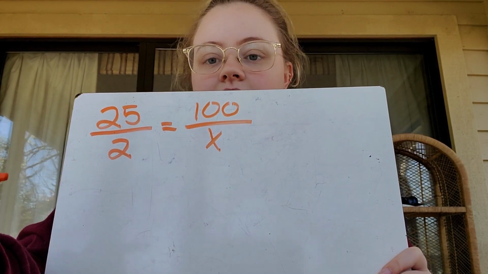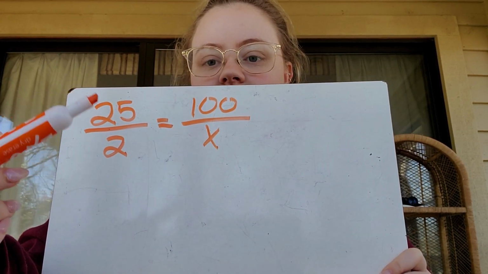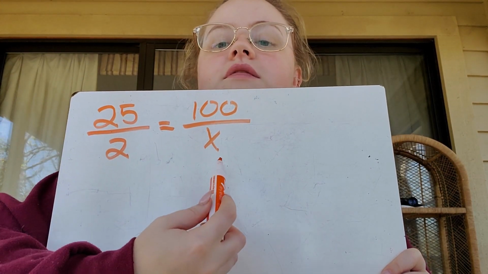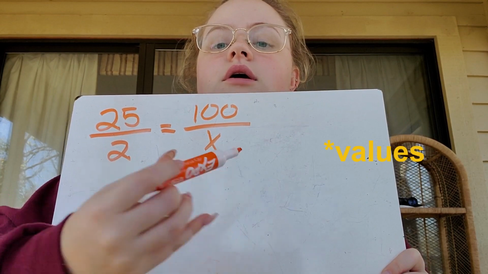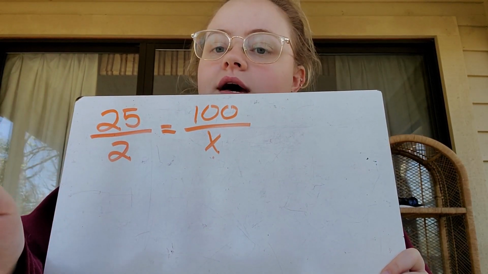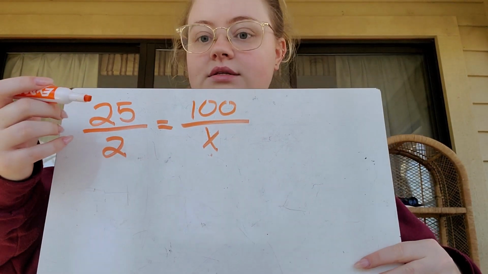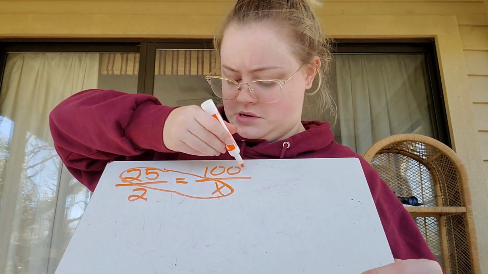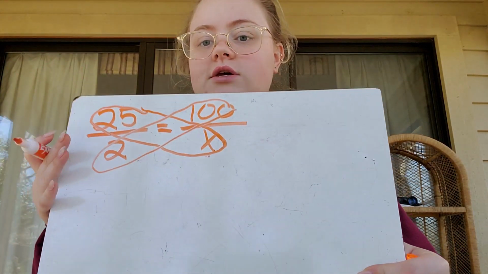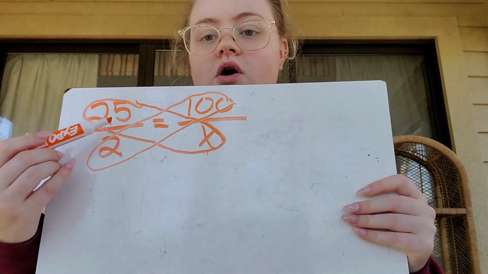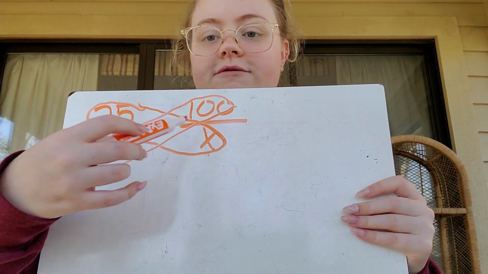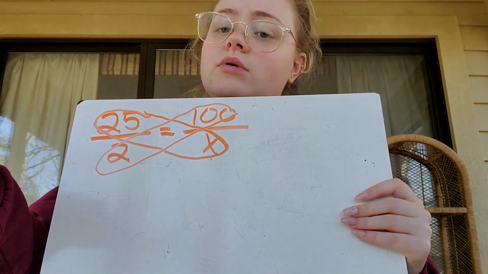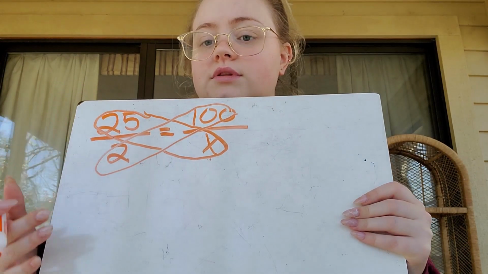All right, so first thing I need to do is find out what the variable equals. So how do I do that? It's very simple. It is just like our butterfly method. The ones that are circled together, my 25 and my x, my 2 and my 100, are what I'm going to be multiplying together, and they're going to equal the same thing.